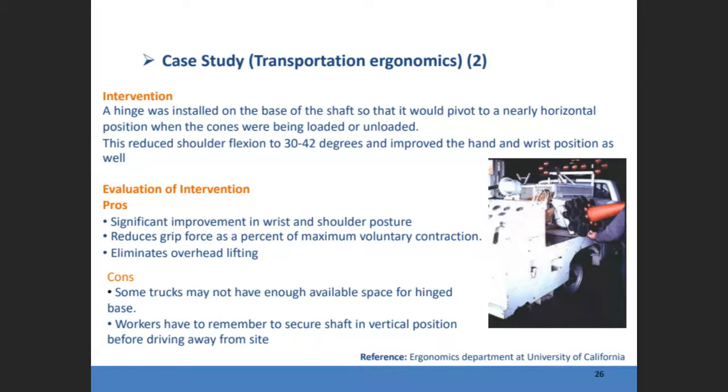طيب ايش سوى ده؟ The hinge was installed on the base of the shaft so it would pivot to nearly horizontal position. فهو بيخلي الكونز تقريبا في وضع horizontally so it can load and unload it easy. يعني انت لما تتخيل when you are loading الكونز هذه 30 أو 40 حبة في وقت قصير، وبتروح مكان ثاني وبتحط 30، 40 حبة على طول اليوم، لما بتكون بشكل أفقي easier and more comfortable compared to the vertical one. وهذا عمل reduce للشولدر flexion.